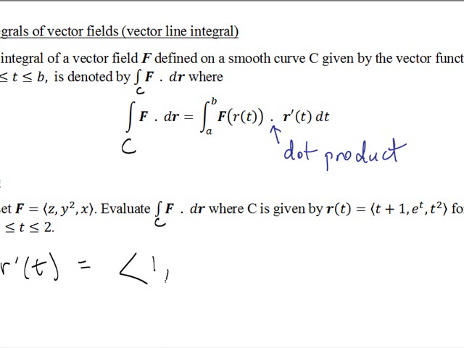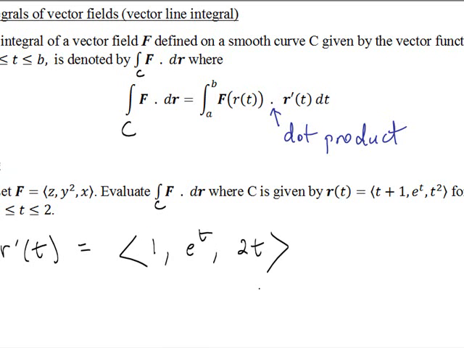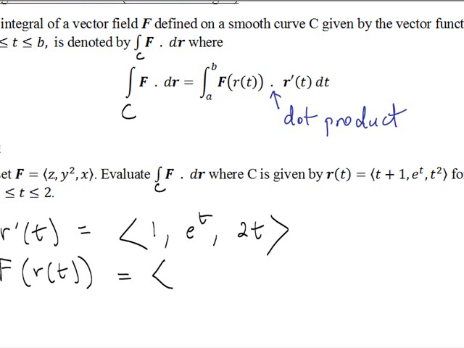So the first one would be 1, then e to the t, then 2t. The next thing, find F of r of t. In other words, rewrite the vector field F in terms of r of t. So z is t squared, y squared is e to the 2t, x is t plus 1.